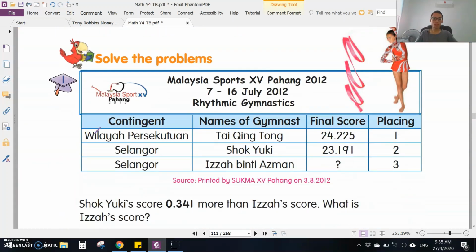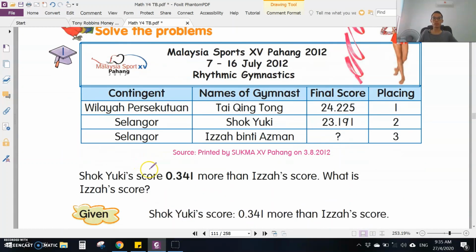Next, we have to solve some problems. Okay. Yuki's score is 0.341 more than Iza's score. What is Iza's score? So this is Yuki's score, 23.191. So Iza has lesser or more? Iza has lesser.